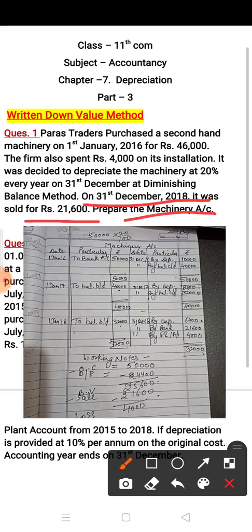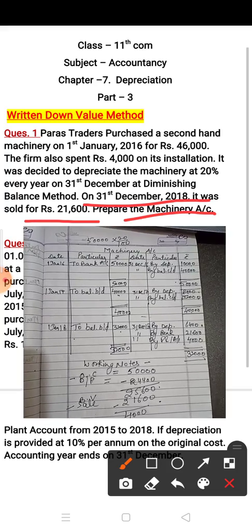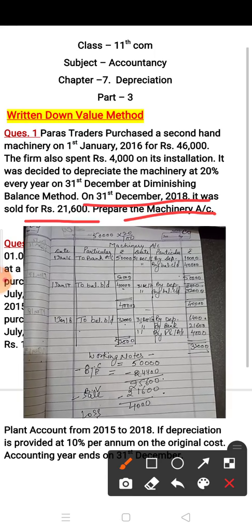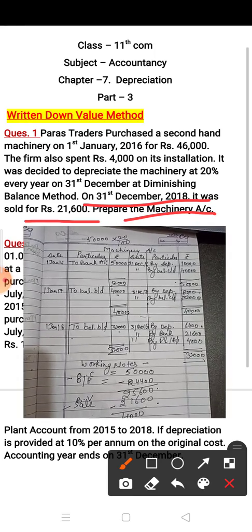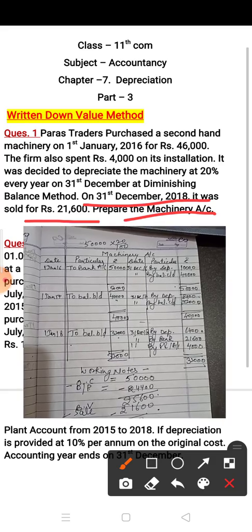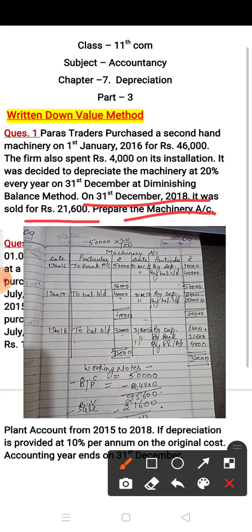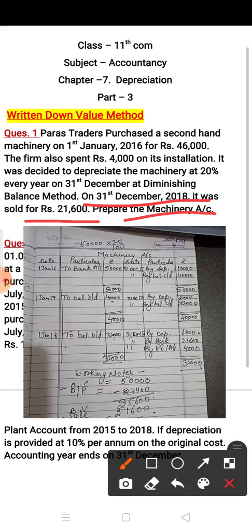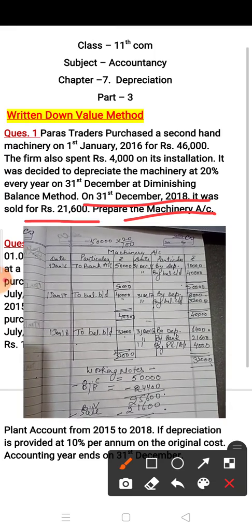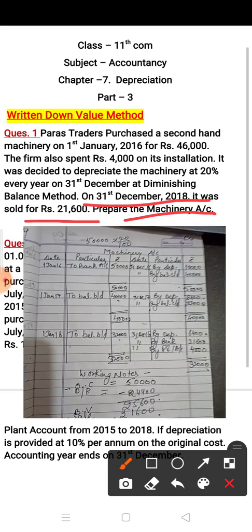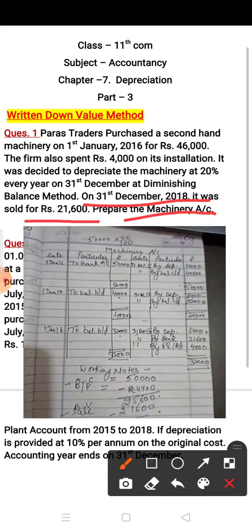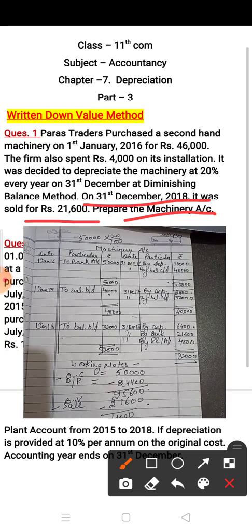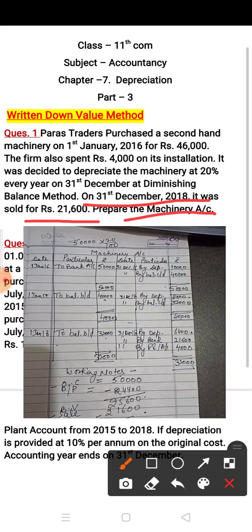So what you have to do is prepare the machinery account until the machinery is sold. In the year in which the machinery is sold, you have to make the machinery account up to only that year. Okay, after that close it. In this way you have to solve your written down value method question.